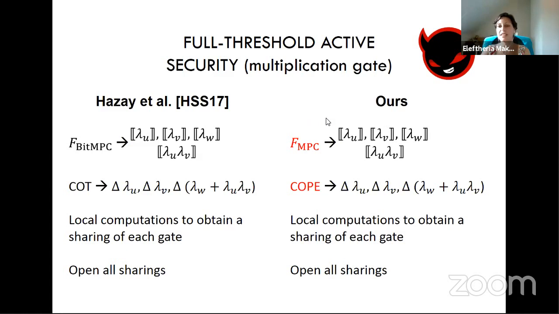We had to translate this to the arithmetic setting. So we came up with a functionality FMPC instead of BitMPC to do the same thing for arithmetic, and then we replaced the correlated oblivious transfer protocol with a correlated oblivious product evaluation protocol. But as you can see, notationally, they are the same. And we proved security thereof.